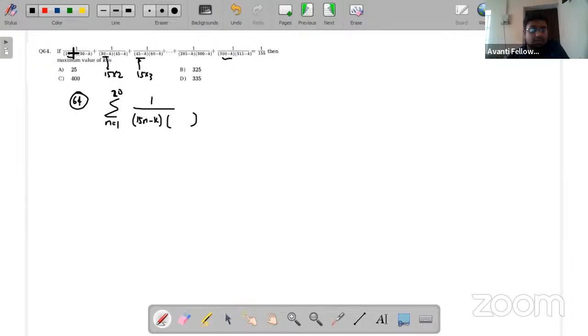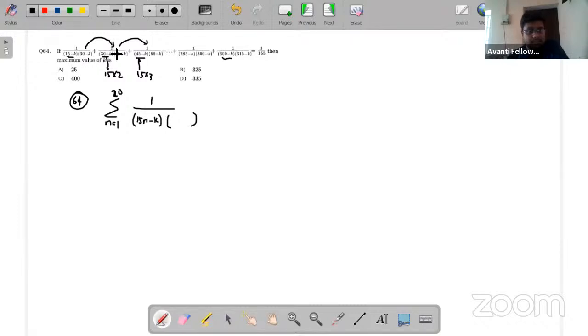Now next term we have to think. So here it is 30 minus k. Now what is happening? Now I cannot write in terms of multiplication because 30 and 45 cannot be written in terms of multiplication, but I can see that each time 15 is added. Also, if I compare the second term with the first term, we can also see that each time 15 is added.